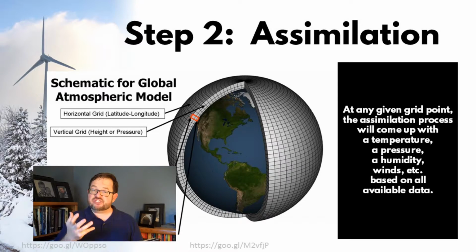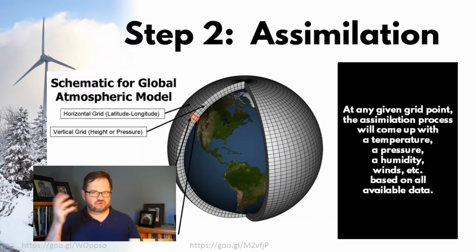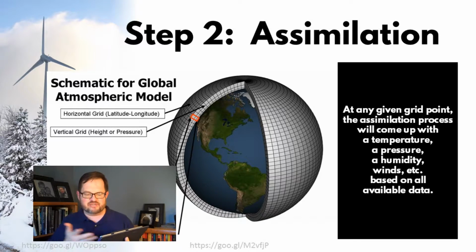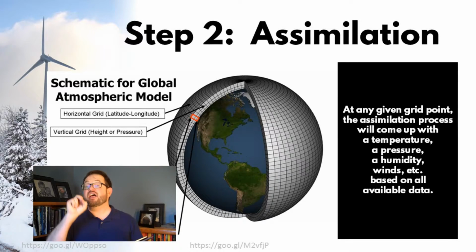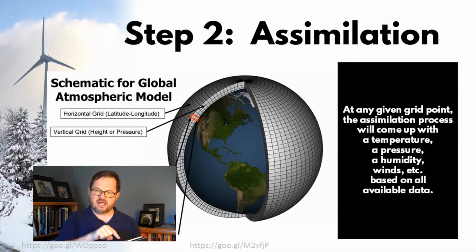And the assimilation process is what's going to do this. This is a set of software that takes all the available temperature, pressure, wind, cloud cover type information and comes up with a coherent idea of what is the temperature in that box. What is the pressure in that box?